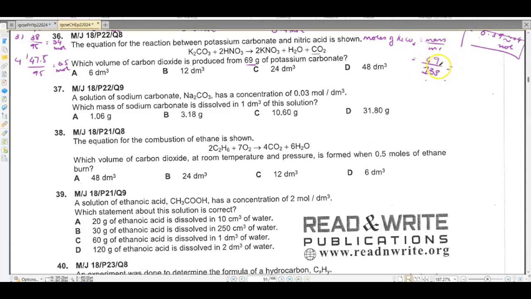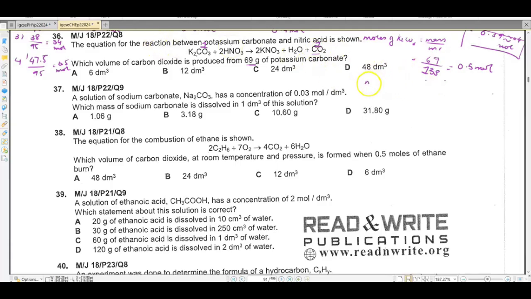So 69 divided by 138 gives us 0.5. Okay, now we have the moles and we see that K2CO3 and CO2 are in the same ratio, so the number of moles for K2CO3 will be equal to the number of moles of carbon dioxide. So we are going to use these moles to find the volume of carbon dioxide.